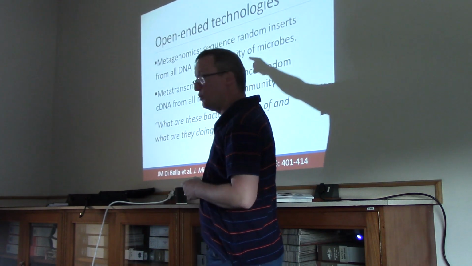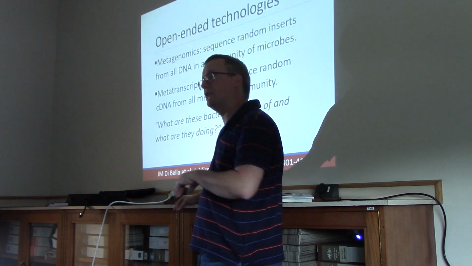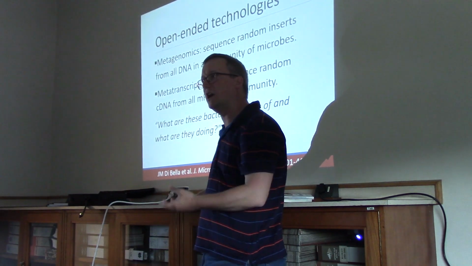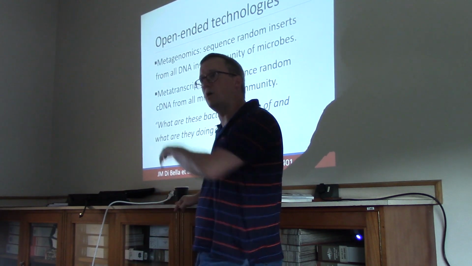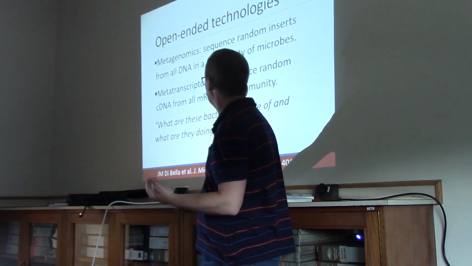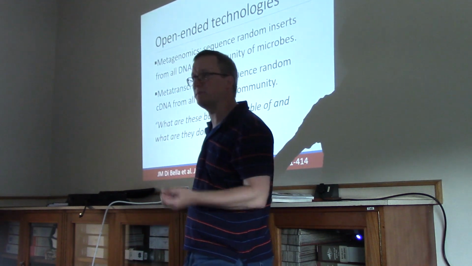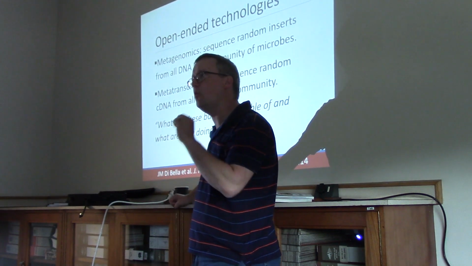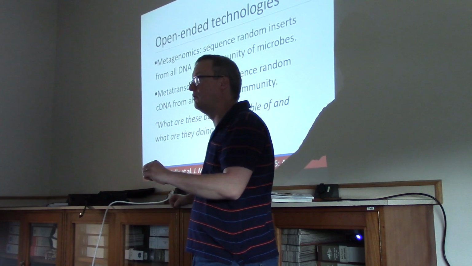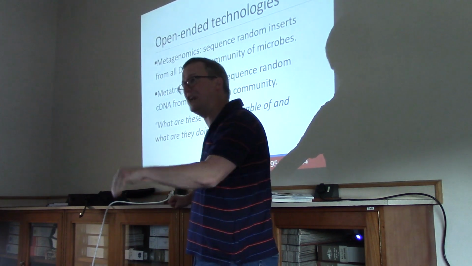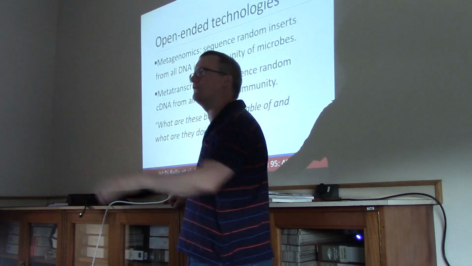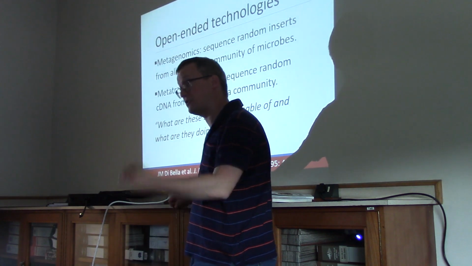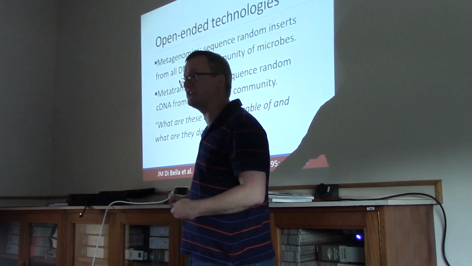So a metagenome is going to tell us about overall DNA from all the species that are present. The metatranscriptome is going to tell us about what they're doing right now. What biological challenges are they going after? What are they trying to transcribe to respond to whatever is happening?